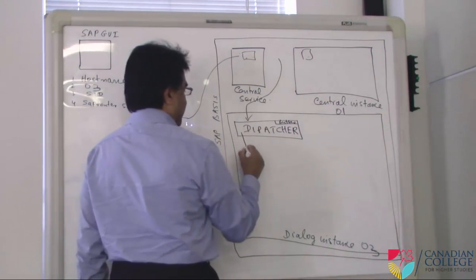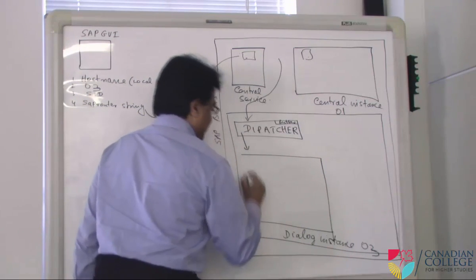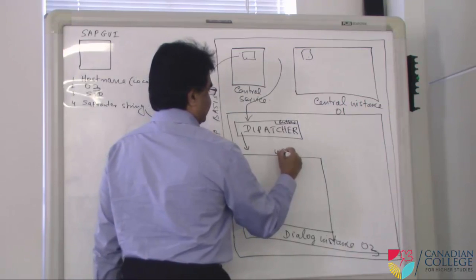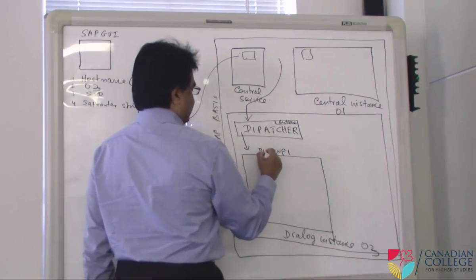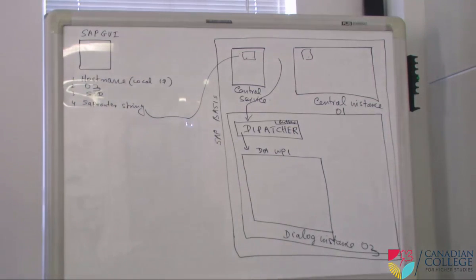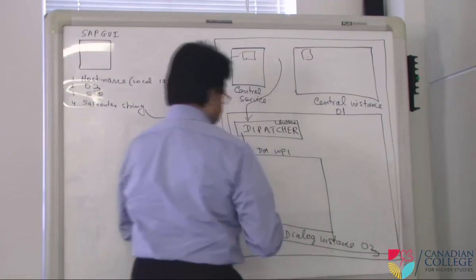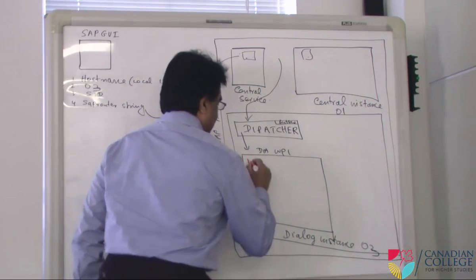Then my request will be handed over to a work process. I will draw the work process bigger. So this is my first work process. That is a dialog work process as well. So my request is going there. As I told you in the last lesson, my dialog work process has a small area called local memory.